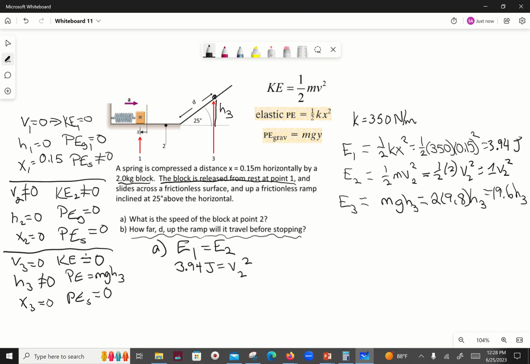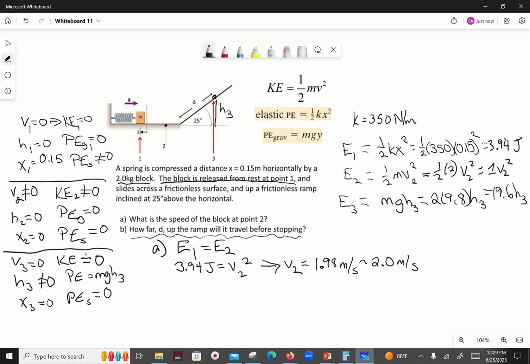So V2 squared is equal to 3.94 joules, so V2 is going to be the square root of 3.94, which is 1.98 meters per second. And now I'm at a final number, so I should round to the right number of significant figures. I'm at 2 significant figures, so that's about 2.0 meters per second.